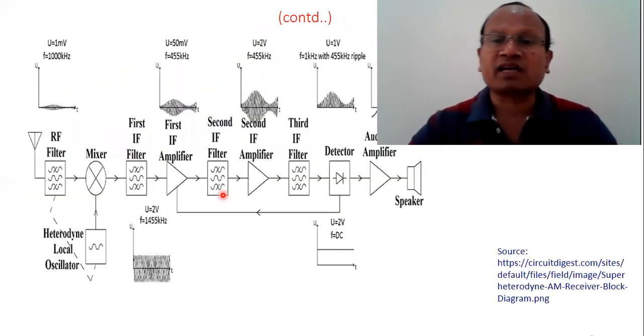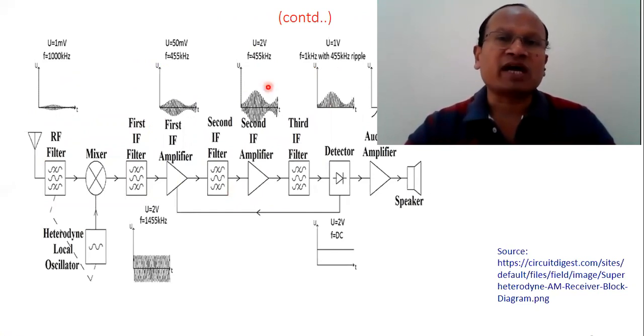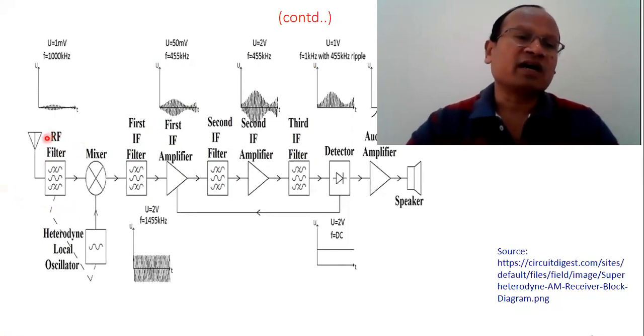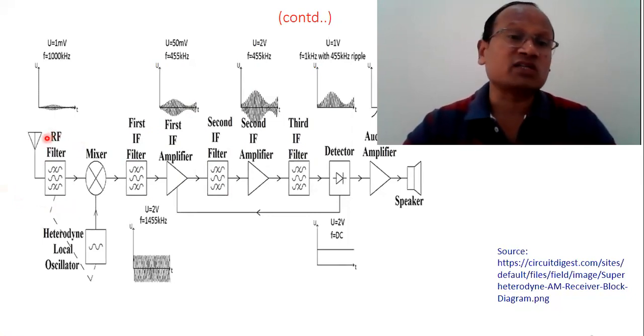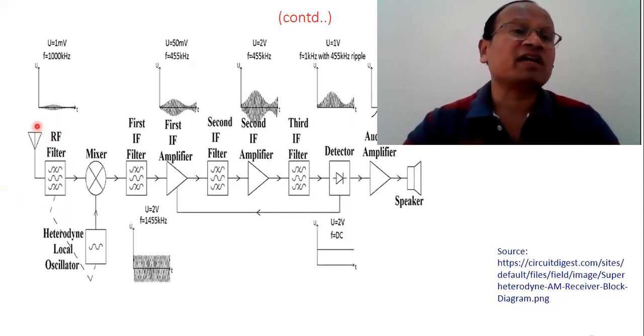So look at the block diagram here very carefully. In the block diagram, you can see that there is an RF filter section, RF amplifier and RF filter, as you can say. And then after passing through the antenna, say there is an example of 1 millivolt and 1000 kilohertz. Suppose this is the signal received.